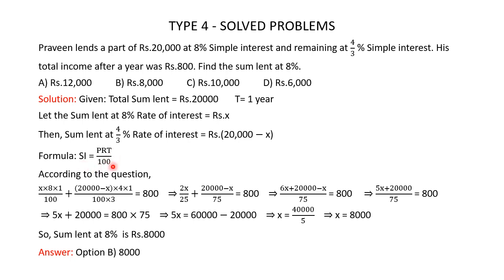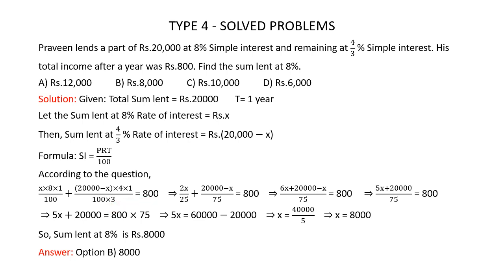Now according to the question, x multiplied by 8 multiplied by 1 divided by 100, which is the simple interest earned at 8%, plus 20,000 minus x multiplied by 4/3 multiplied by 1 divided by 100, which is the simple interest earned at the rate of interest of 4/3%, is equal to 800.